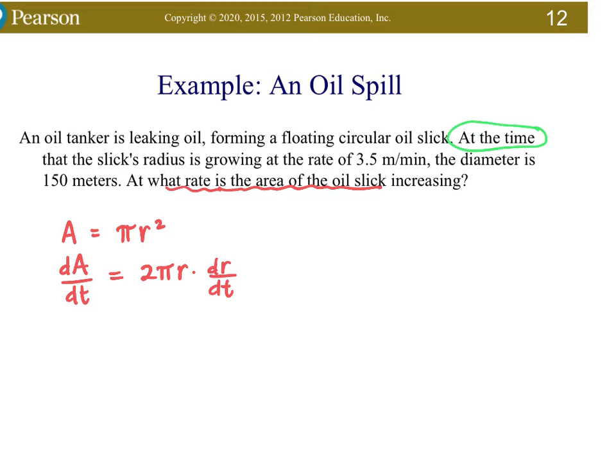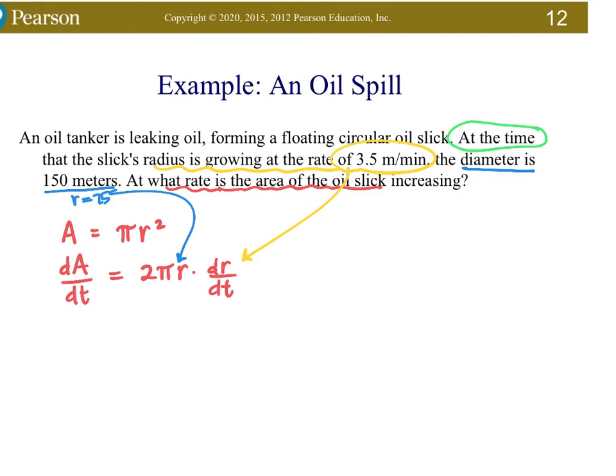We know that the slick's radius is growing at a rate of 3.5 meters per minute, and so that is going to correspond to the value for dr dt. We are also given that the diameter is 150, which means that the radius must be 75, and so that's going to go in for my r.